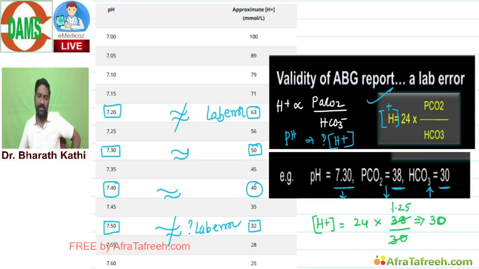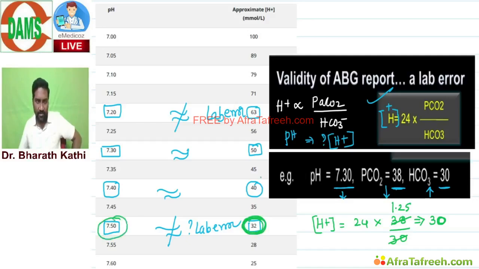Now if you notice, if H plus concentration is somewhere 30, what should be the pH? 7.50. Now if you see here, in this question, the pH is 7.30. At 7.30, the H plus concentration should be 50.